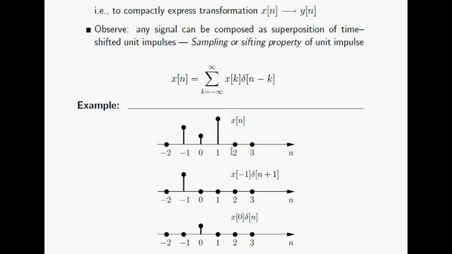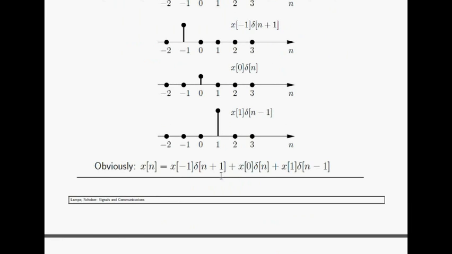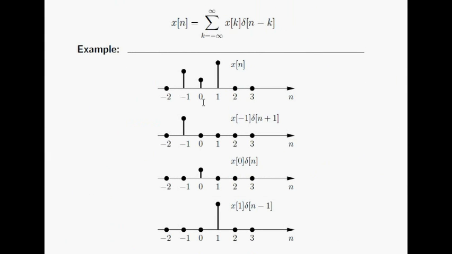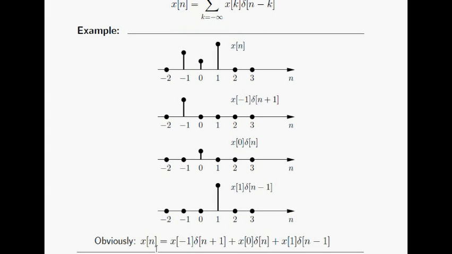You are given this function x[n]. If I multiply it with delta[n+1] and with x[-1], then x[-1] will be this, and delta[n+1] will be 1 at n equal to minus 1. Then x[0] into delta[n] will be the value of x[n] at 0, and 1 comes from delta[n] at n equals 0, then x[1] delta[n-1].